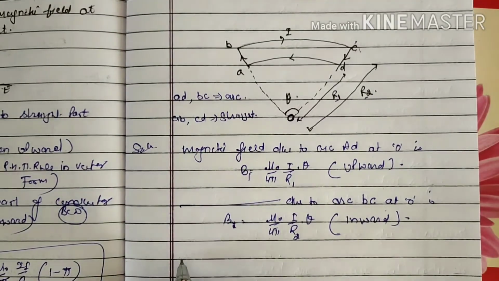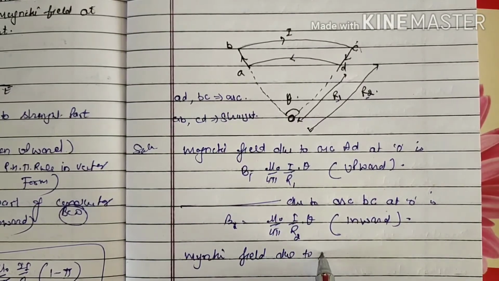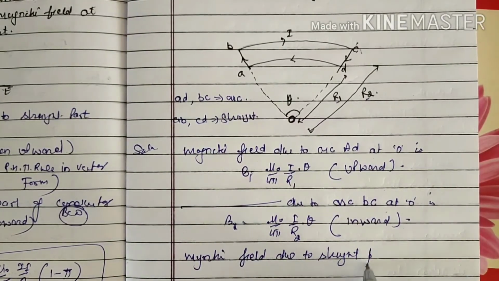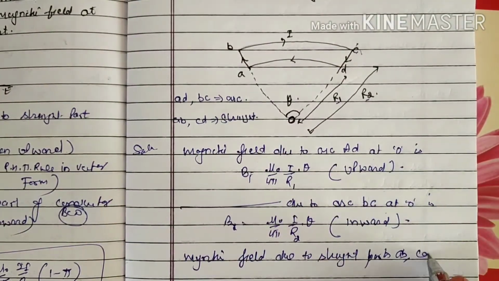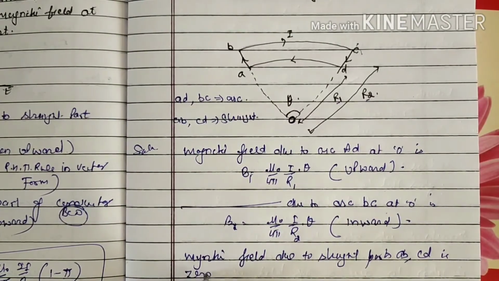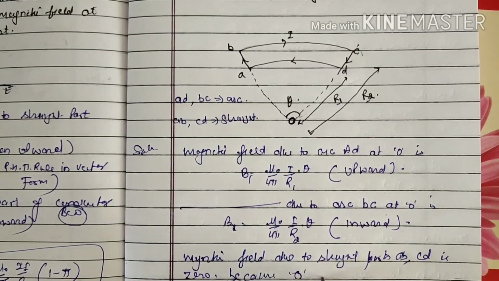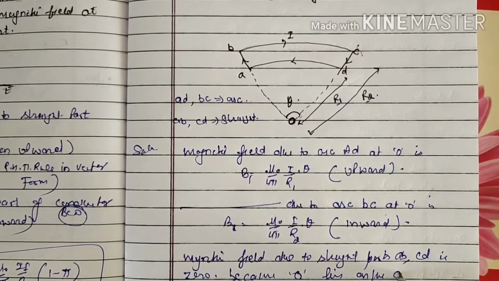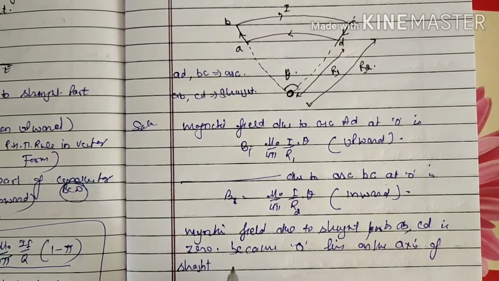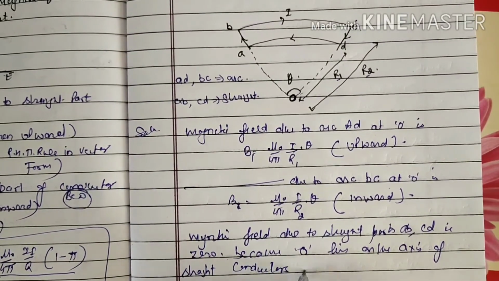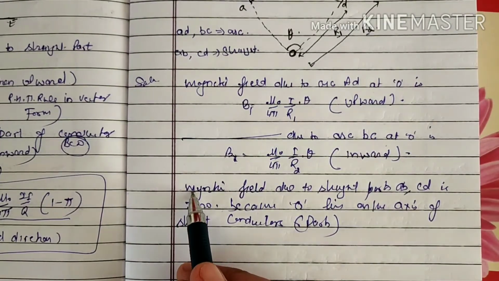Okay, next is the magnetic field due to the straight parts, that is AB and CD. It is 0 because O lies on the axis of the straight conductors, so this magnetic field is also 0.